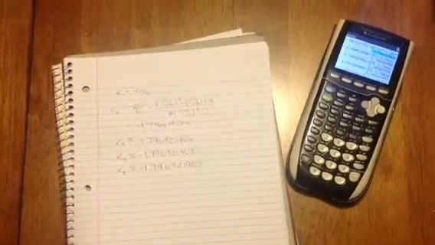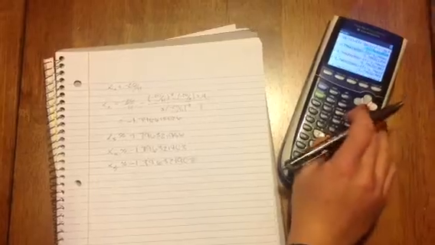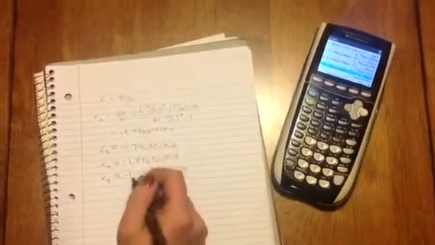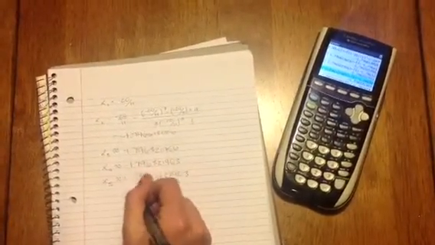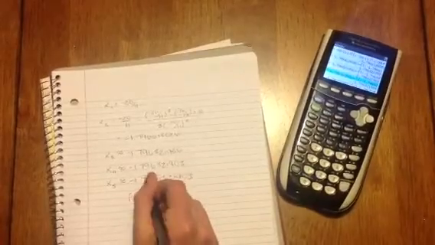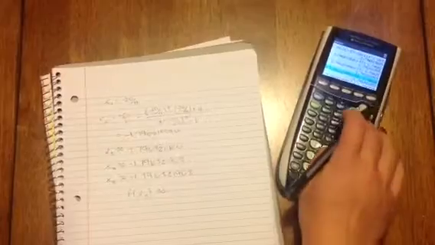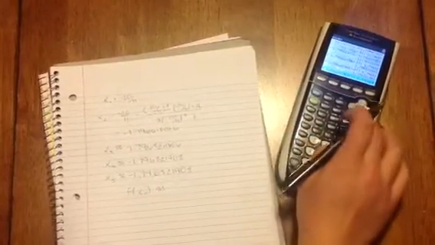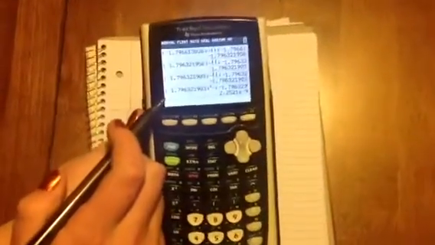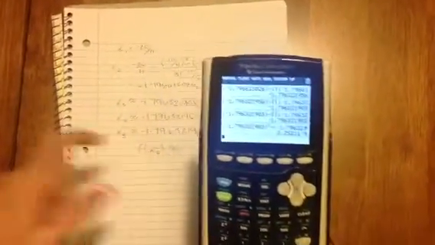So just to double check our answer, we're going to plug in f of x sub 5. We just did this on our calculator, this last calculation at the bottom, which is plugging it back into our original function.